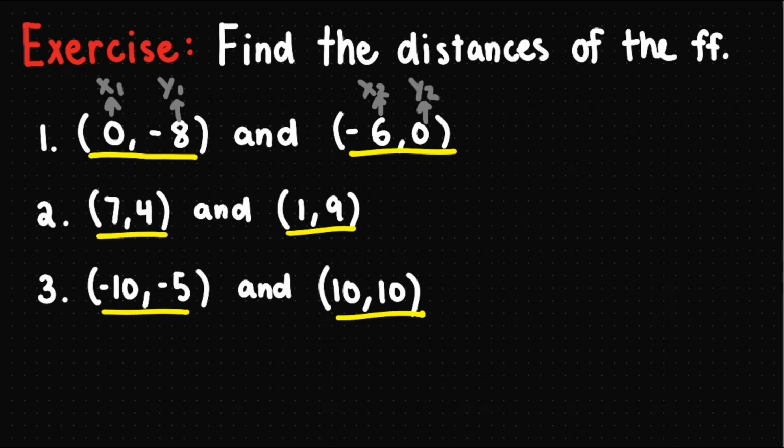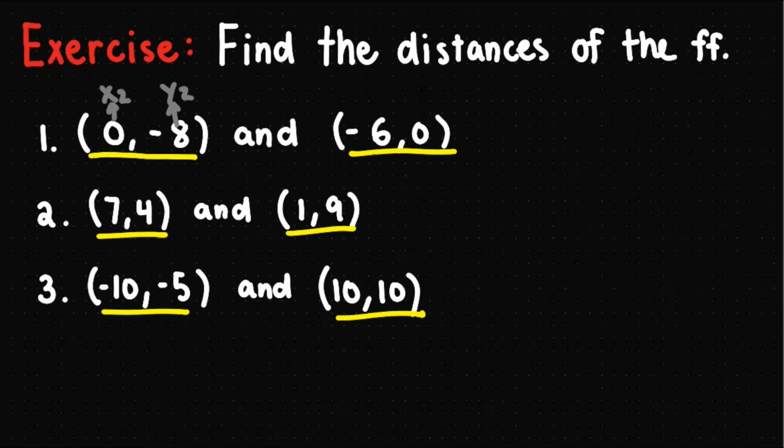Like that. And take note that you can interchange it actually. So you can set this to be x sub 2, y sub 2, x sub 1, and y sub 1. Just take note that the important thing to remember is that you can't switch the x and y coordinates.